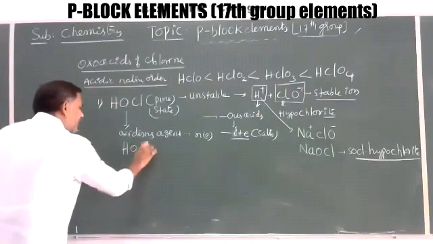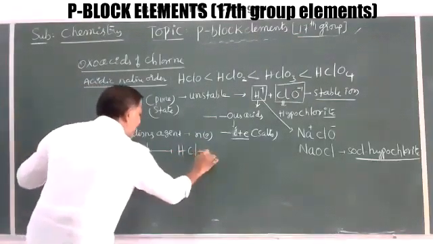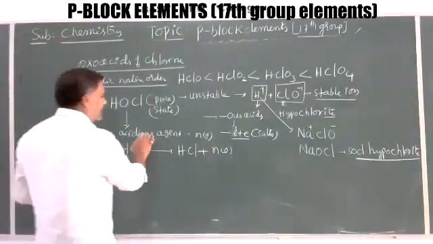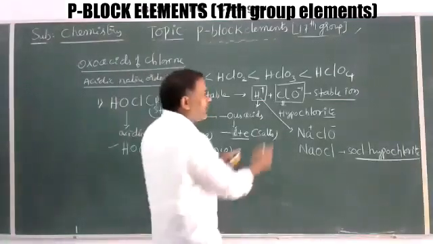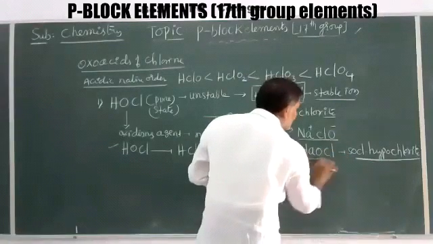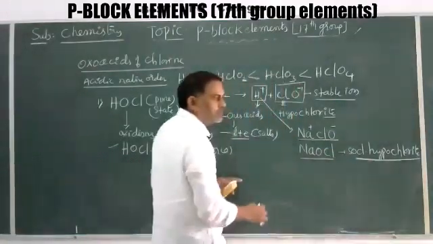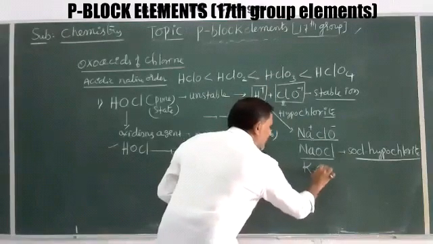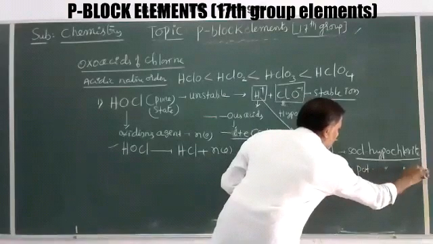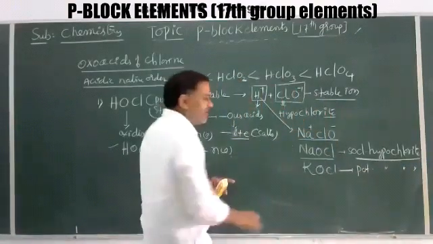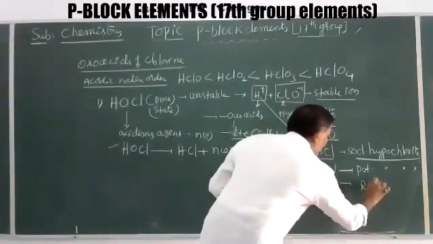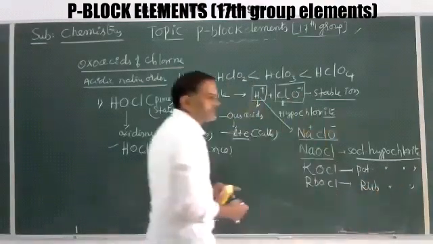Because HOCl ionizes, it gives HCl plus a nascent oxygen atom. Unstable, it acts as an oxidizing as well as a bleaching agent, but its ion is stable, like NaClO, sodium hypochlorite. If it is potassium, KOCl, potassium hypochlorite. Here rubidium hypochlorite.